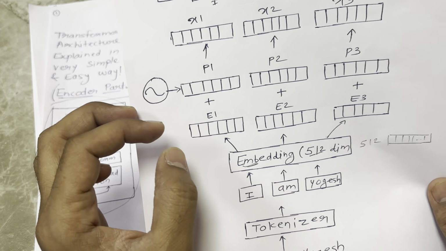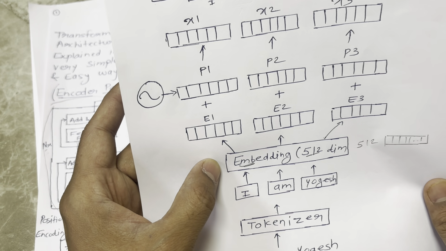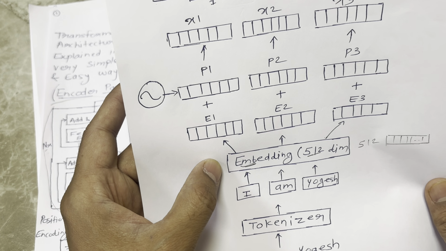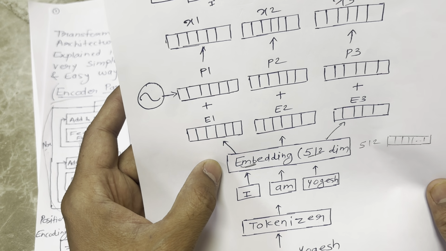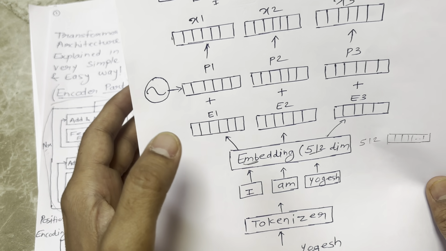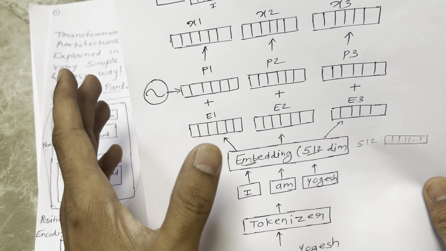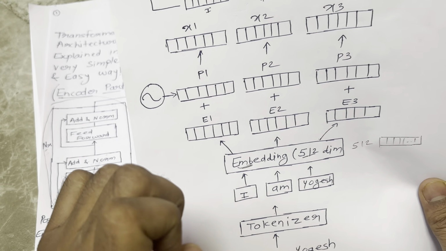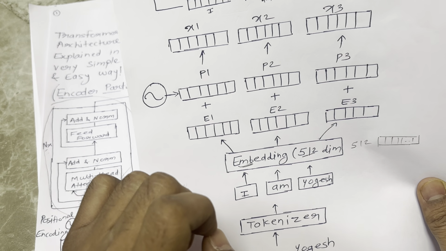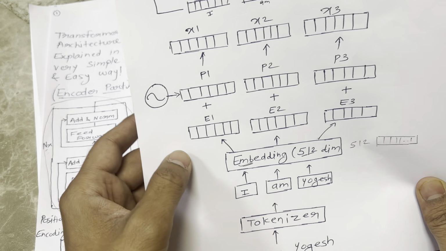But the problem is we don't have any information about the order of words. Which word comes first? Which word comes later? We don't know that. And guess what? This is very, very important. Obviously, you must always know which words in your sentence come first and which come later.